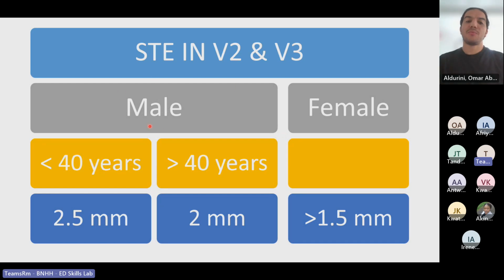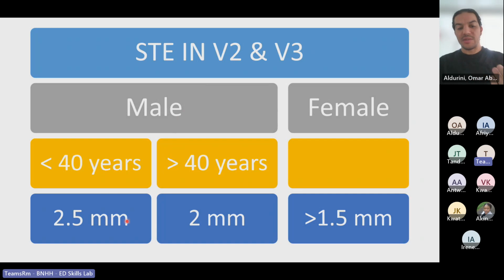So if the patient is a male patient less than 40 years old, we usually allow an ST segment elevation or a J point elevation up to 2.5 millimeters in V2 and V3. If it's above this, this is a significant change for us.